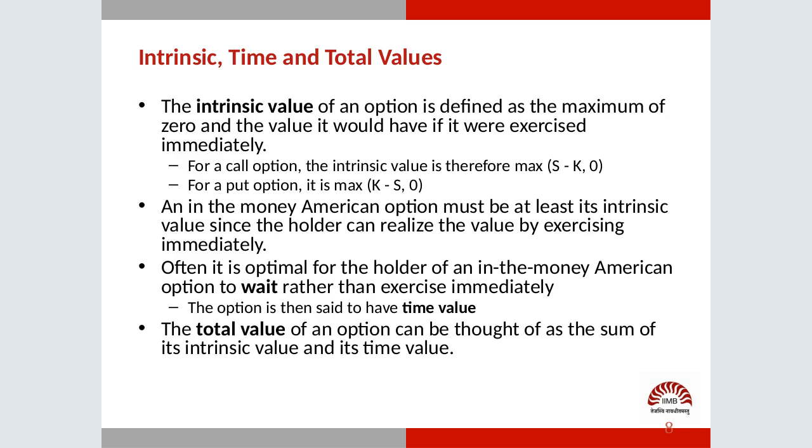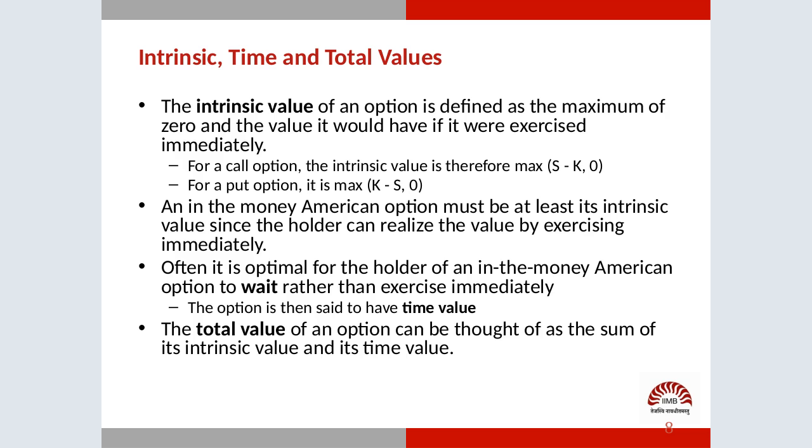The other way of looking at the time value in the context of an American option could be that you can defer your exercise date. So the American option is the only case where you can exercise early, and therefore, in effect, the intrinsic value story only applies to the American option.